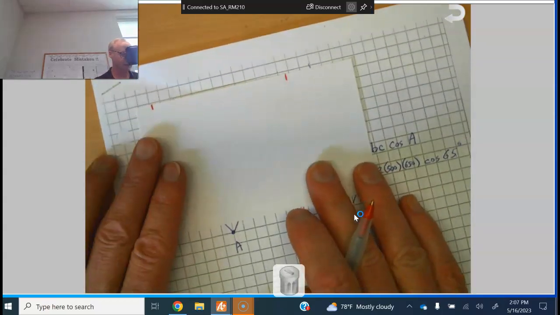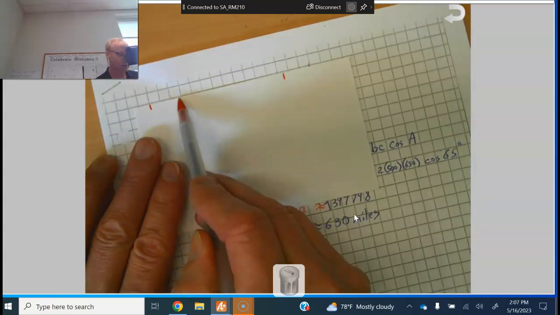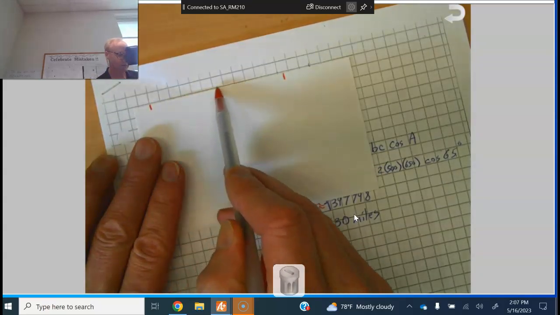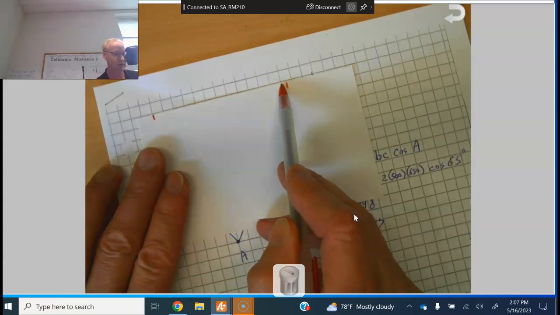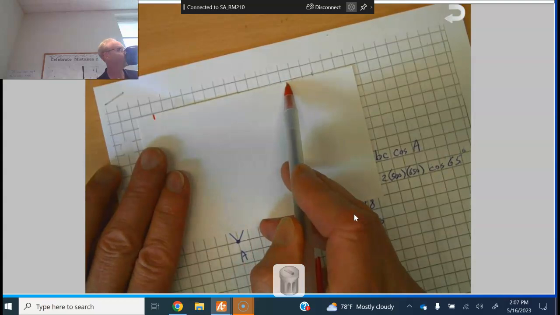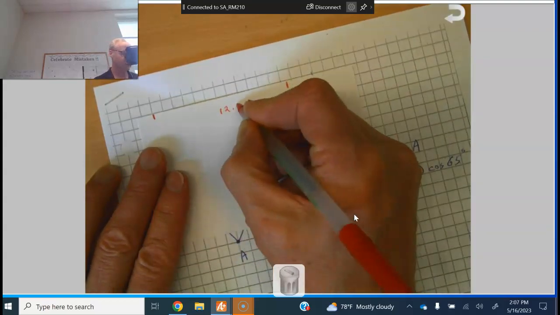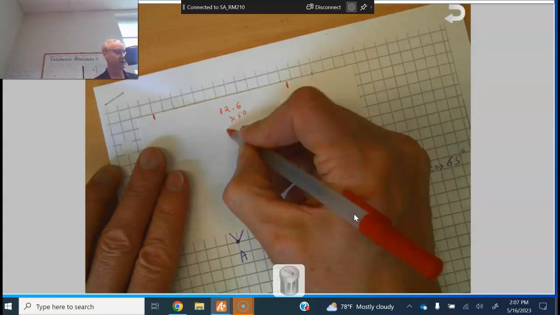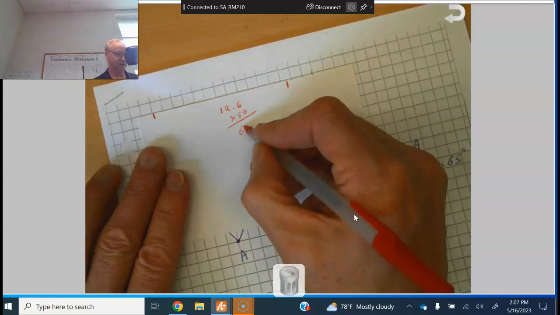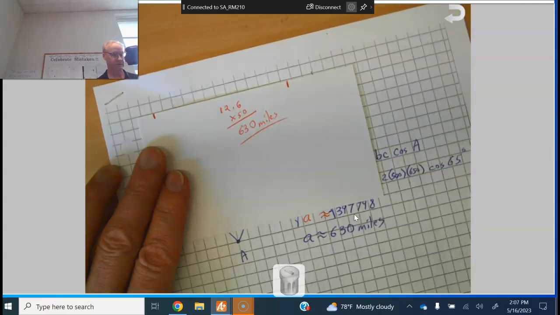See if you get the same thing I do. 1, 2, 3, 4, 5, 6, 7, 8, 9, 10, 11, 12, and just a little more than halfway. I get about 12.5 or 12.6, and each one represents 50 miles, and that gives me 630 miles. Pretty close.